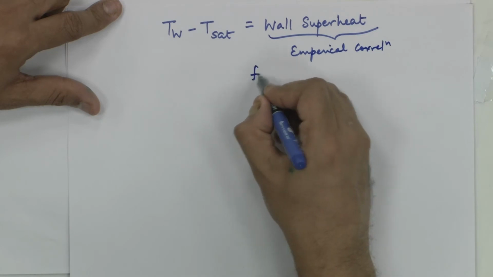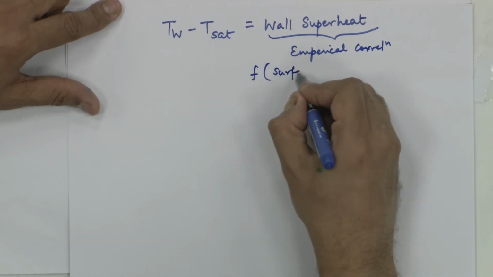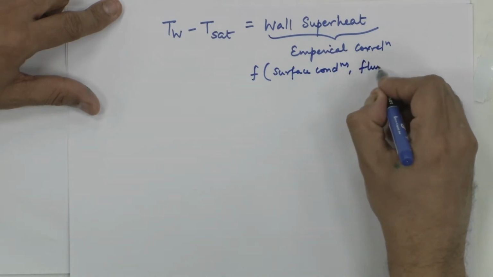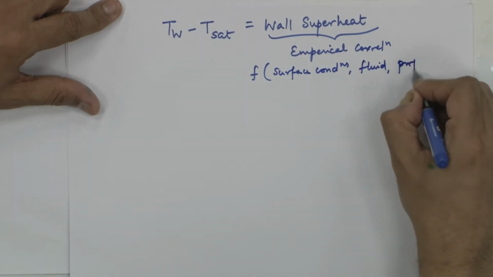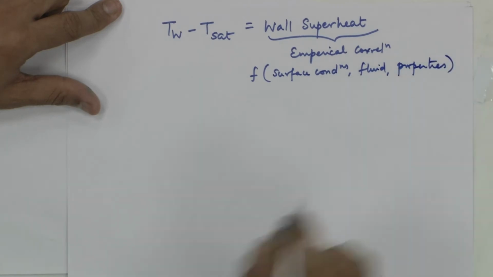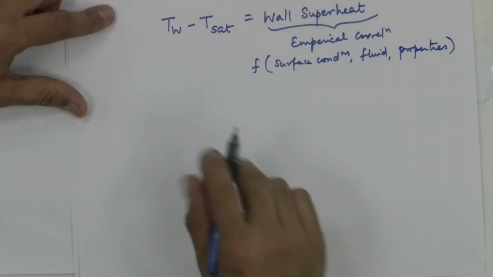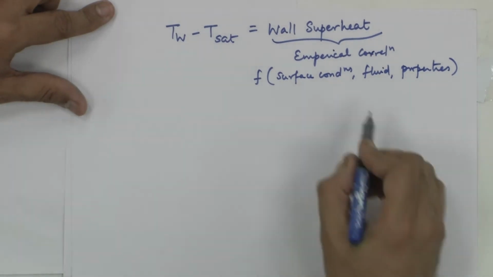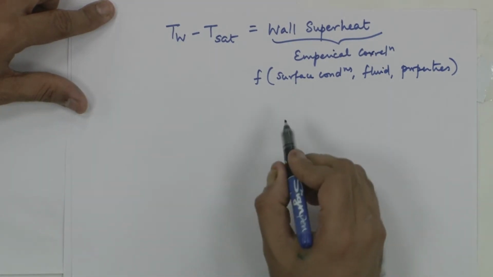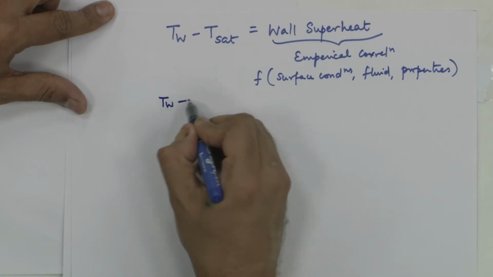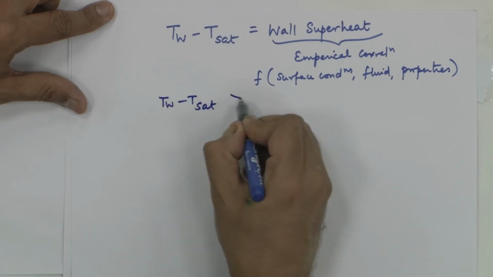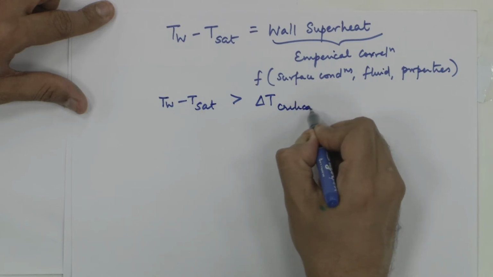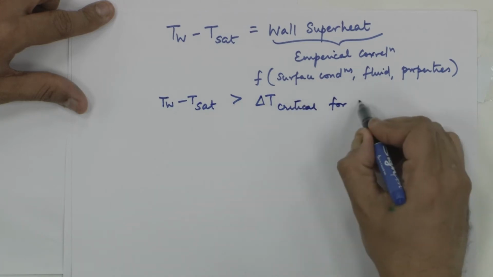This is a function of surface conditions, fluid properties, etc. Various things. So, when T wall minus Tsat I am trying to plot, this should be greater than a critical value, T wall minus Tsat greater than delta T critical for nucleation.